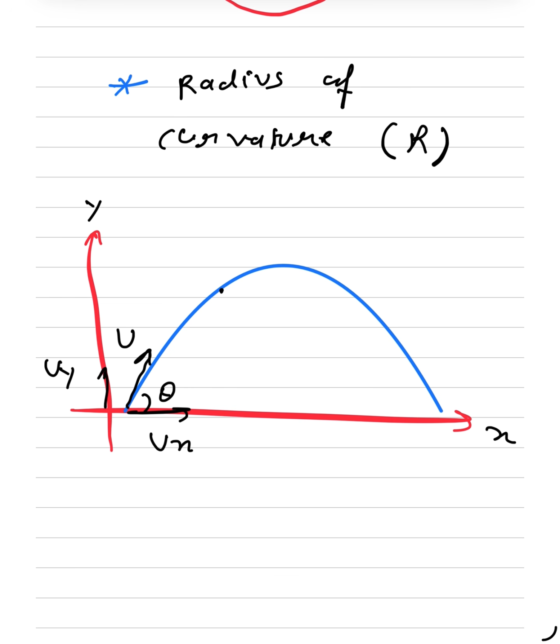Suppose the particle is at point A, moving with velocity v, and this is the radius of curvature, radius r.